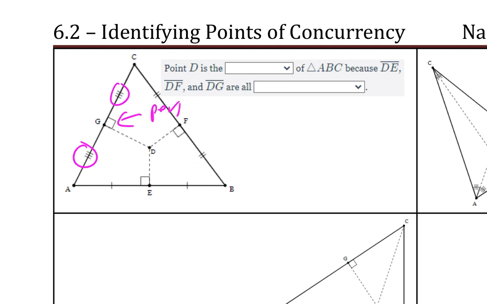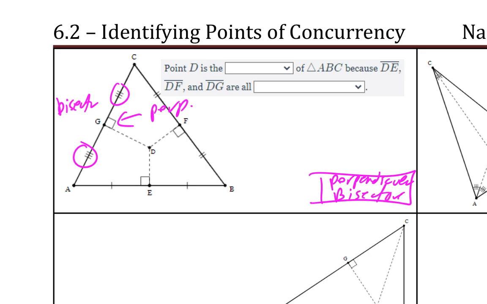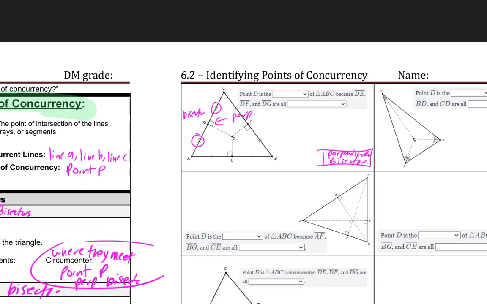So perpendicular, and it's at the midpoint, so it's a bisector. So these are all perpendicular bisectors. And what do perpendicular bisectors create? Perpendicular bisectors create the circumcenter.